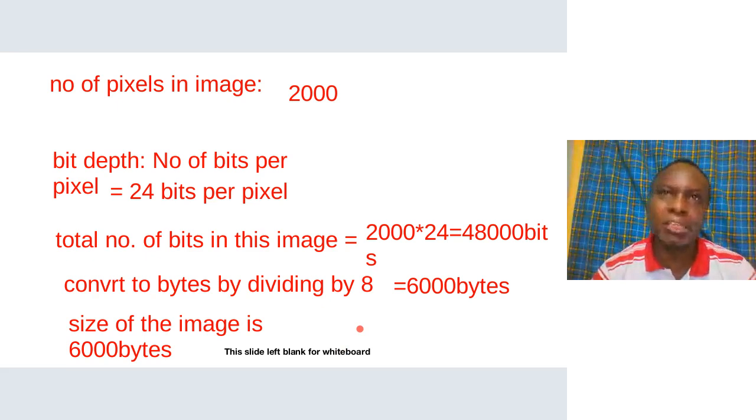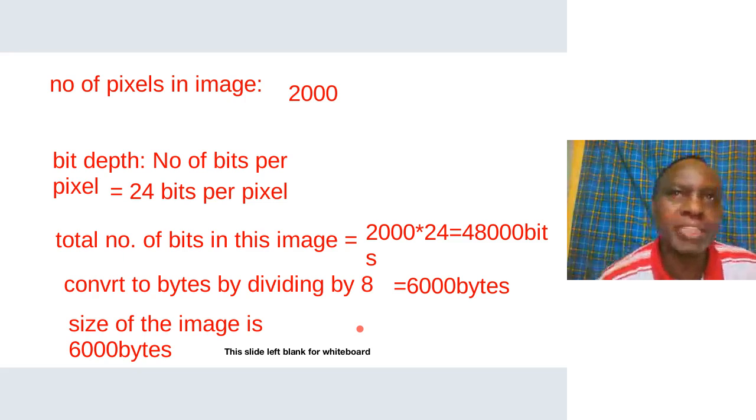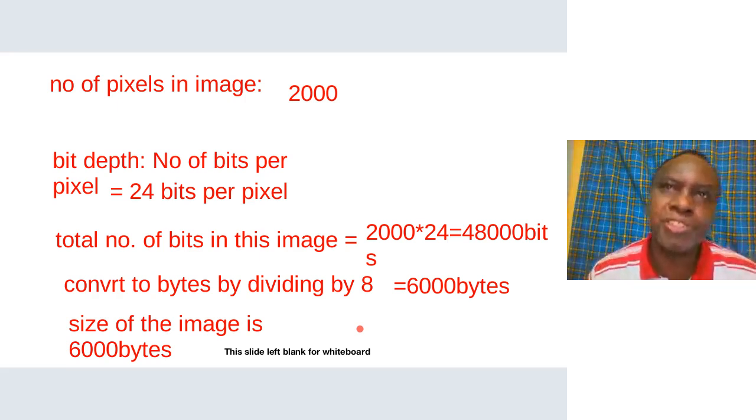Now, although 1 kilobyte is not exactly 1,000 bytes, a kilobyte is actually 1024 bytes, we assume the numbers are above 1,000, so we just talk in terms of thousands. For calculation purposes, we normally take 1 kilobyte to be 1,000 bytes.